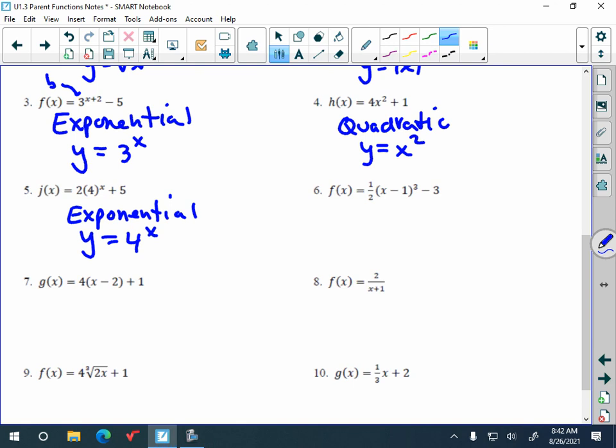All right, number 6, this has a cubic, x to the third. So this is a cubic function. Parent function, y equals x to the third. Again, strip off all the numbers and just look at where the variable is. Is there an exponent? Is there a radical? Is there an absolute value?